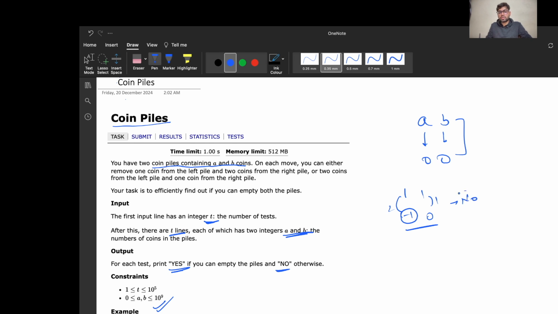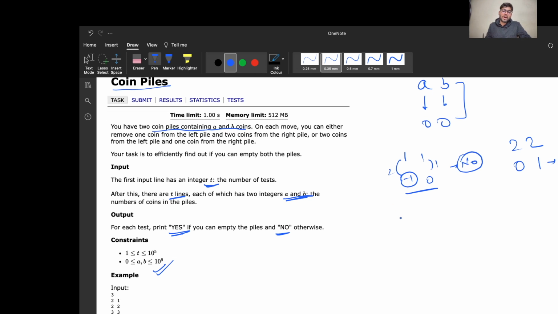So the output for 1 1 is no. Also for 2 2, we can make this 0 and this 1, so 2 and 2 also gives no. If I take 2 and 1, if I remove 2 from 2, it becomes 0, and 1 from 1, it also becomes 0. Then this is a valid case, so we can print yes.